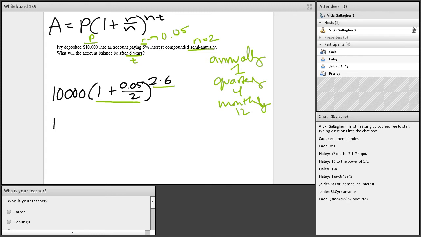So I'm going to keep the 10,000 on the outside. Can't do anything with that yet. And then in my calculator, I would type in 1 plus 0.05 divided by 2. And then my calculator will tell me that that is 1.025. And then 2 times 6 is 12. And then this whole thing, you can totally type that all into your calculator at once.